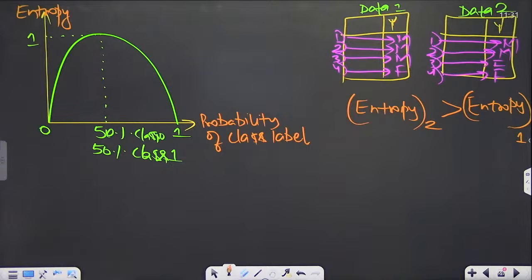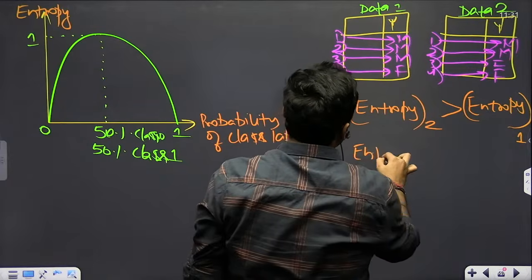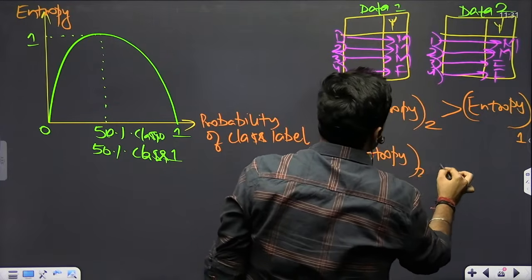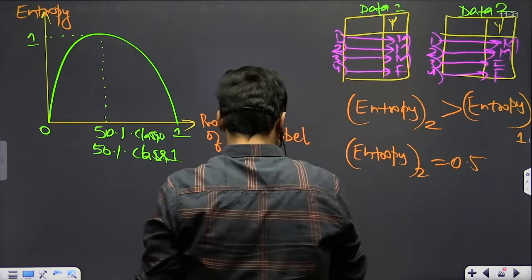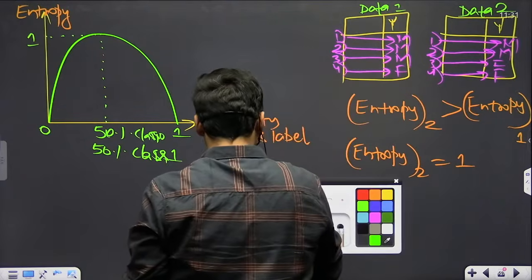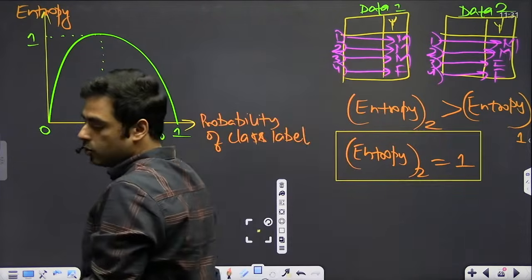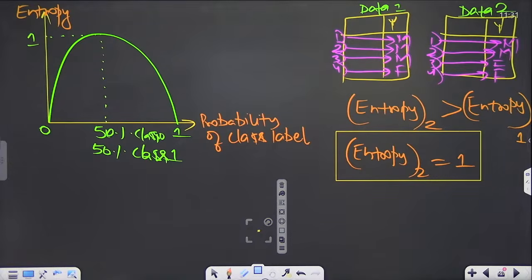The entropy of data 2 is equal to 1, because we have a perfect mixture of class 1 and class 2.